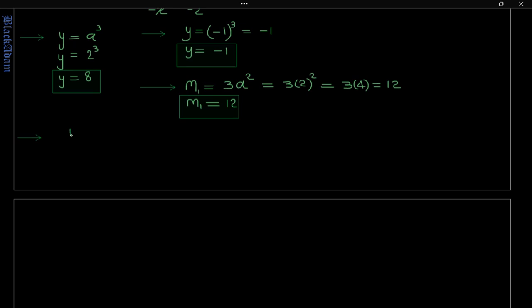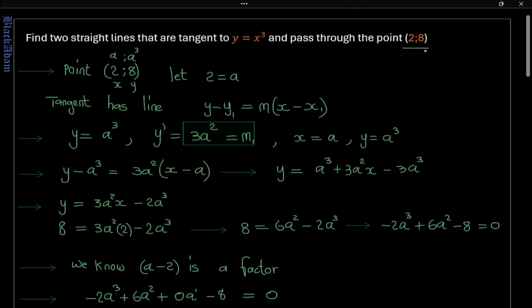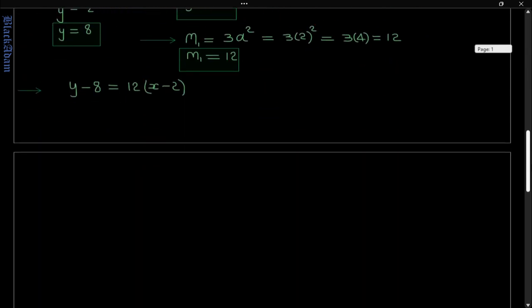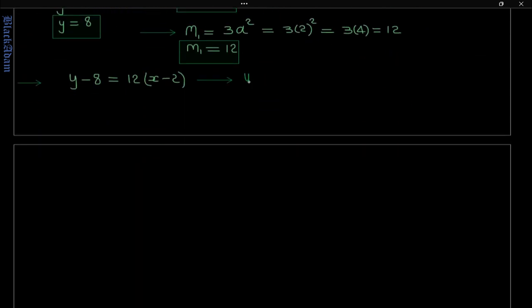So we're going to write our equation, y minus y1, which is y minus 8, equals 12, which is our gradient, multiplied by x minus 2, because those are the values 2 and 8. So that's going to be y equals, the 8 goes that side, becomes positive 8 plus 12x, and then 12 times negative 2 is negative 24.